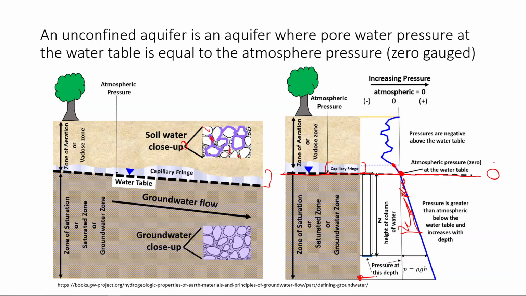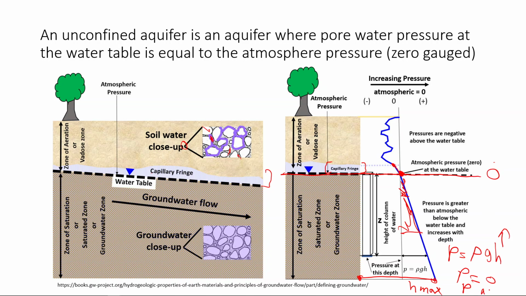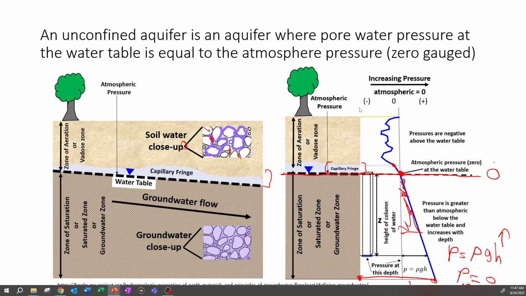At this zone you will have the maximum pressure, because remember, pressure is rho g h. Here h is zero, so the pressure is zero. Here h is maximum, so the pressure would be maximum. You can review this from your fluid mechanics course.